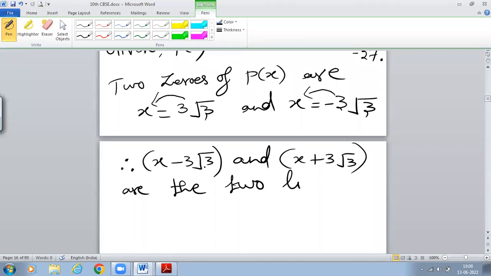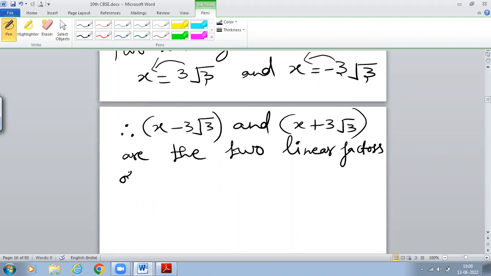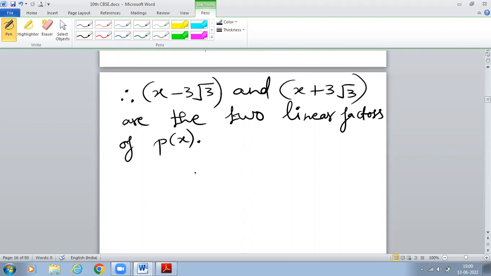Both these linear polynomials are factors of the given polynomial, so I can write x minus 3 root 3 and x plus 3 root 3 are the two linear factors of the given polynomial p of x. If we multiply these two linear factors, we can find the quadratic factor of the given polynomial.